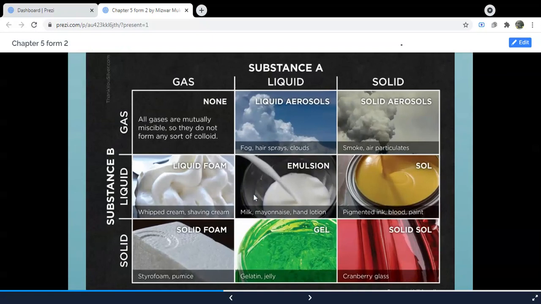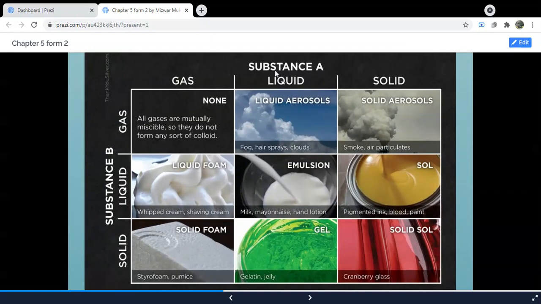For example, kalau kita ambil substance A, liquid, campur dengan gas, dia akan jadi fog, kabus, hairsprays, clouds. Gas dengan solid, dia akan jadi smoke, air particles. Liquid dengan gas, dia boleh jadi whipped cream, shaving cream. Jadi maksudnya these particles are evenly distributed.